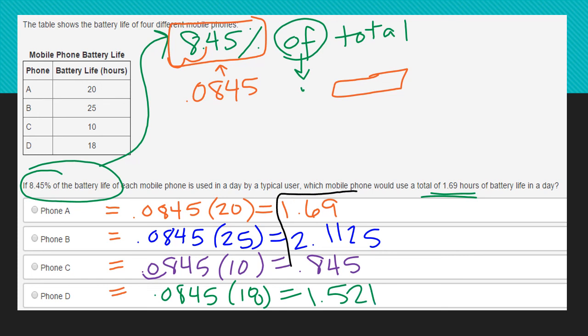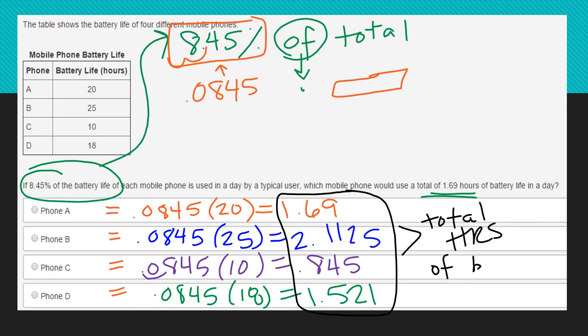What you just found here with these numbers represents the total hours of battery life. In our case, we didn't have to work that hard. I just wanted to show you so you knew how to do it. But it says the total of 1.69, and that was actually our very first one. So we could have stopped there. I just wanted to make sure you understood how to do this type of problem.